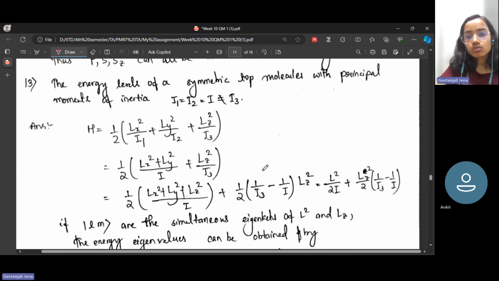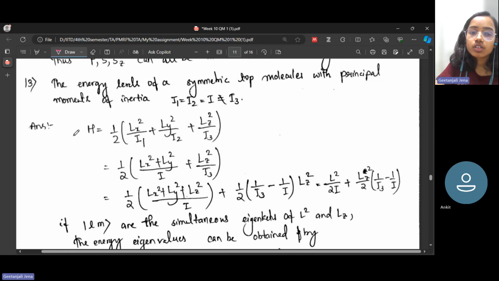The next question is similar to one question that I've solved before. It is based on the rotational kinetic energy. It is given the Hamiltonian, the energy levels of a symmetric top molecule with principal moments of inertia I1 equal to I2 equal to I, and the third moment of inertia I3 not equal to I1 and I2.